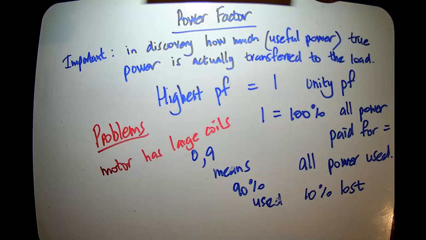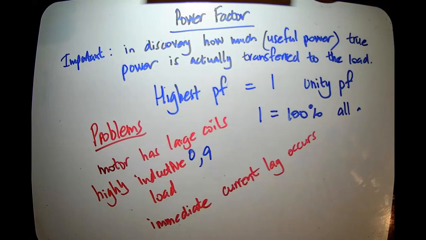So when this lag happens, it causes a power factor problem. It causes the current to lag the applied voltage. Okay, so motors have highly inductive loads. An immediate current lag occurs when we switch on the power.